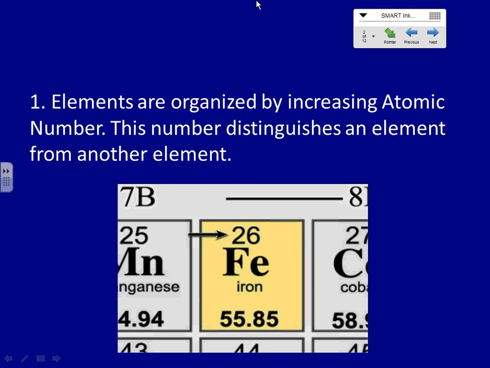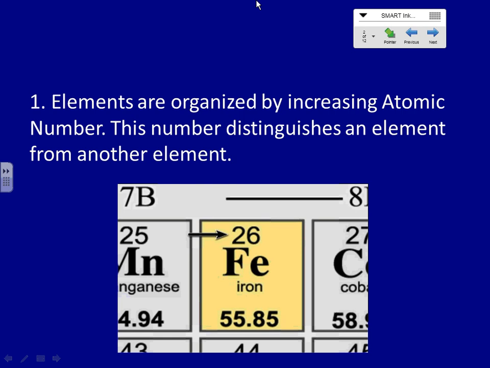I think I called it a resource page on your site. I should call it a reference page. It's really where to find the reference tables. And your periodic table that you're going to use in tests and quizzes looks like this. If you haven't had a chance to look at it, it has lots of information on it, and I'm going to be pointing out to you where to find the information.